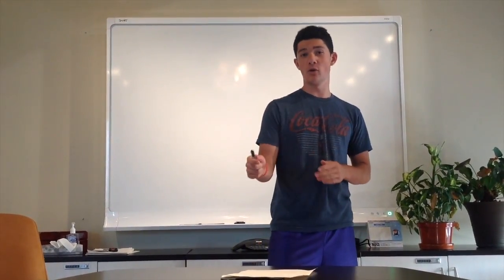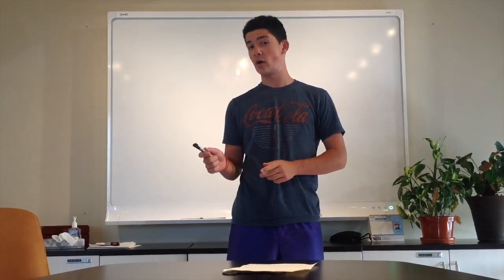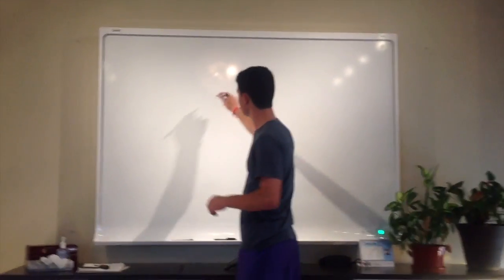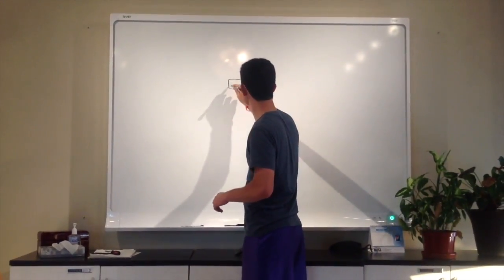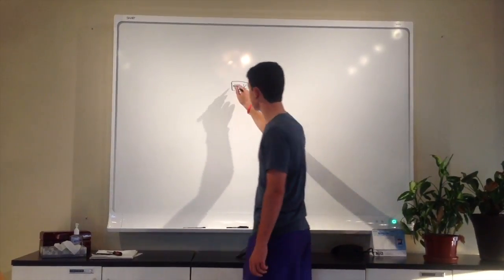Let's take a look at another example. A 15-kilogram box is slid across the table for 3 meters with an applied force of 80 newtons. However, the force of friction acting upon it is 50 newtons. Diagram on the board. We have our 15-kilogram object.